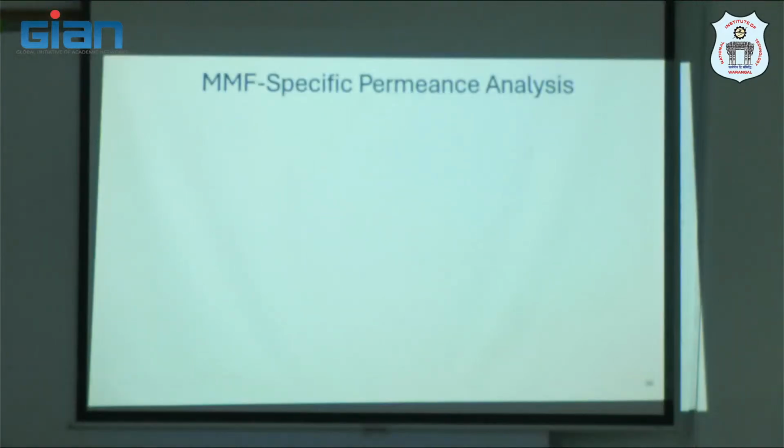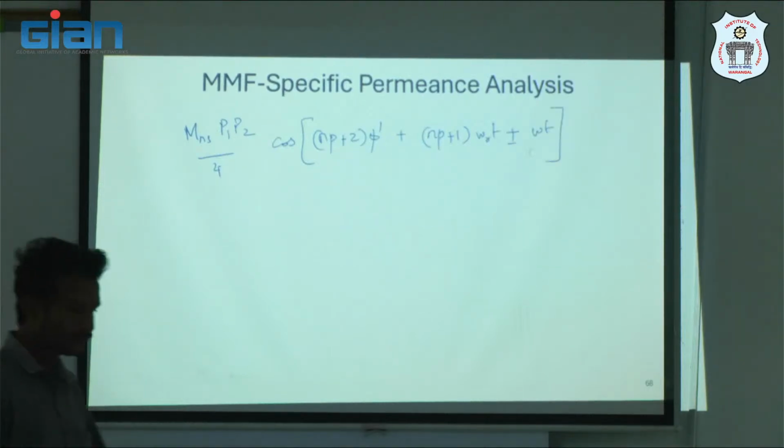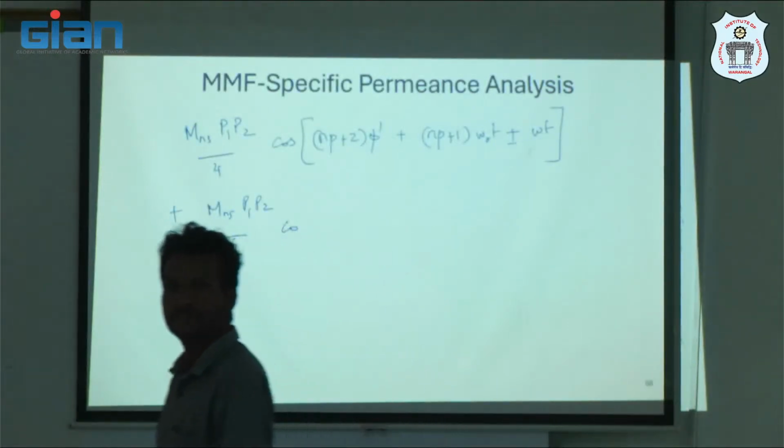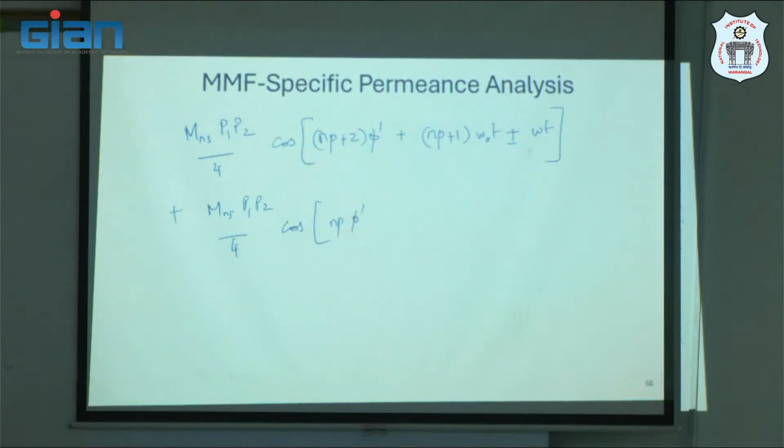So after simplification, this will be minus P1 P2 by 4 cos of (NP plus 2) phi dash plus (NP plus 1) omega t plus or minus omega t, plus minus P1 P2 by 4 cos of NP phi dash plus (NP plus 1) omega t plus or minus omega t.